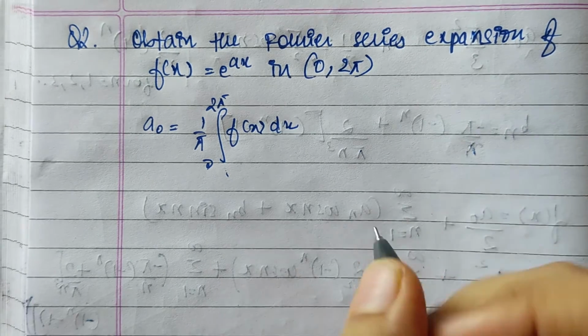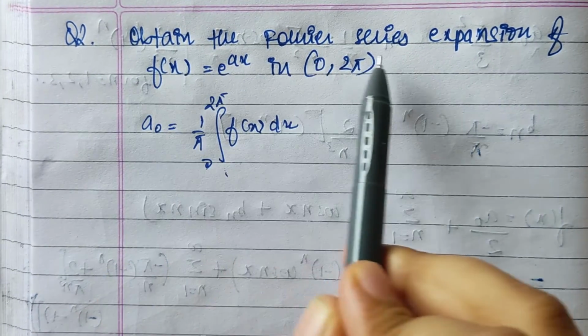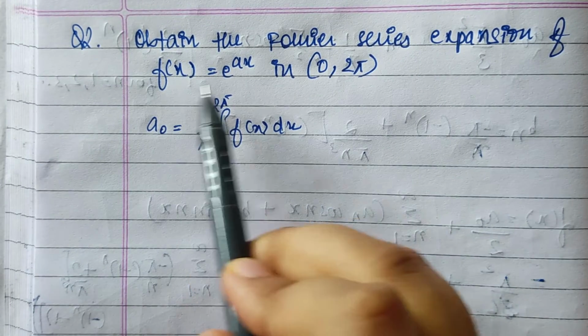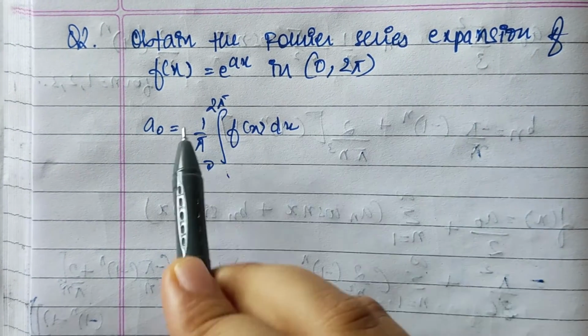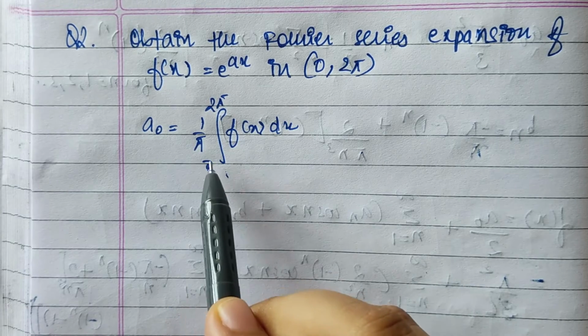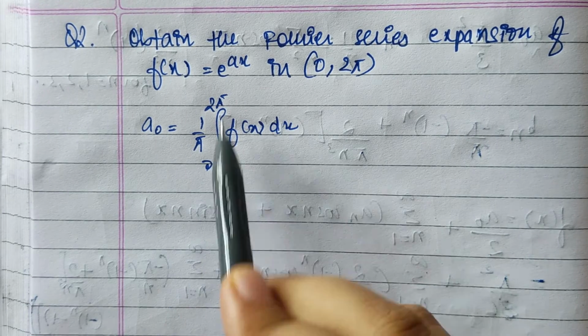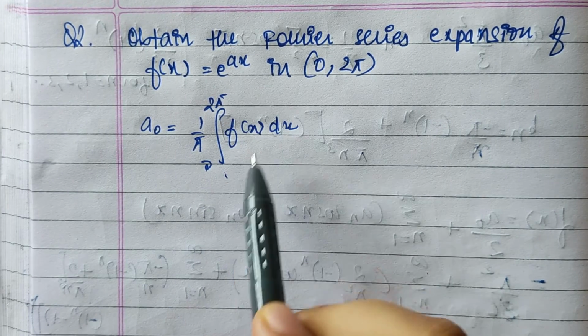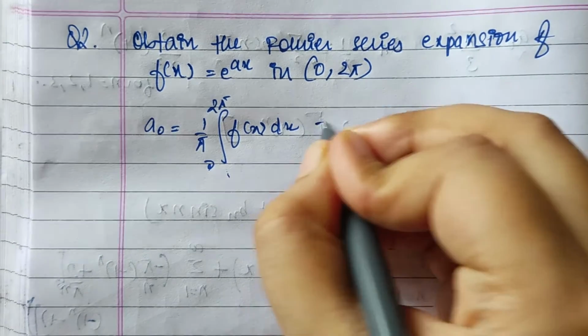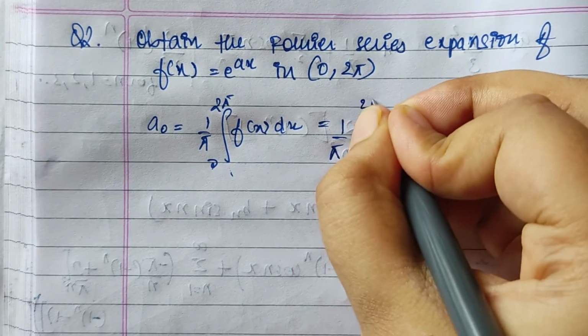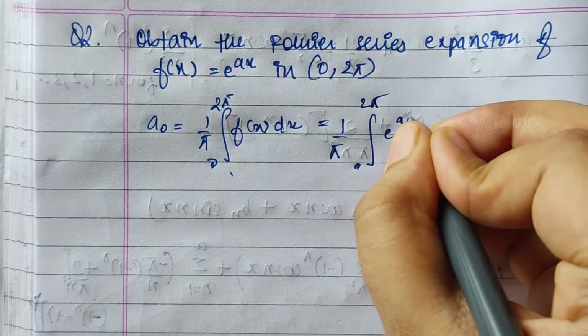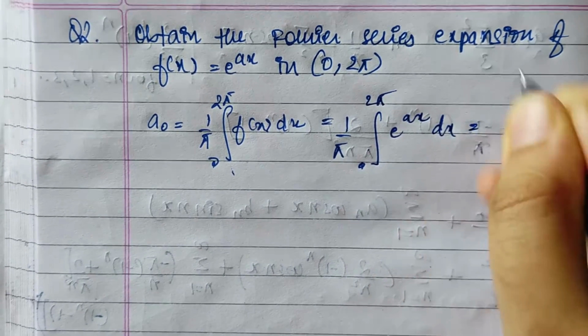So let us take another question. Obtain the Fourier series expansion of f of x is equal to e power ax in the interval 0 and 2 pi. So a naught is equal to 1 by pi, a definite integral of 0 to 2 pi f of x dx. That's equal to 1 by pi, 0 to 2 pi. What is f of x? E power ax dx.